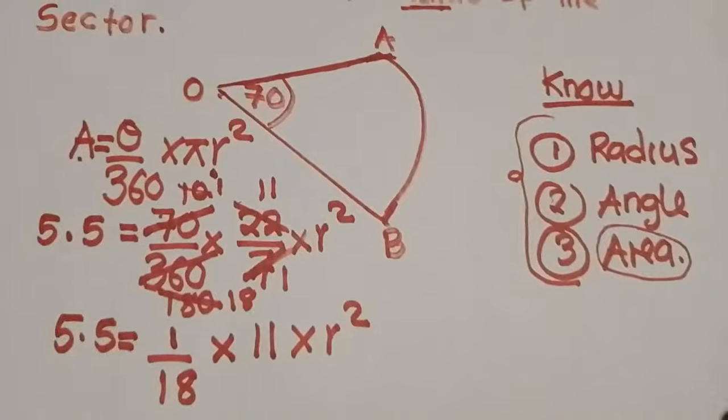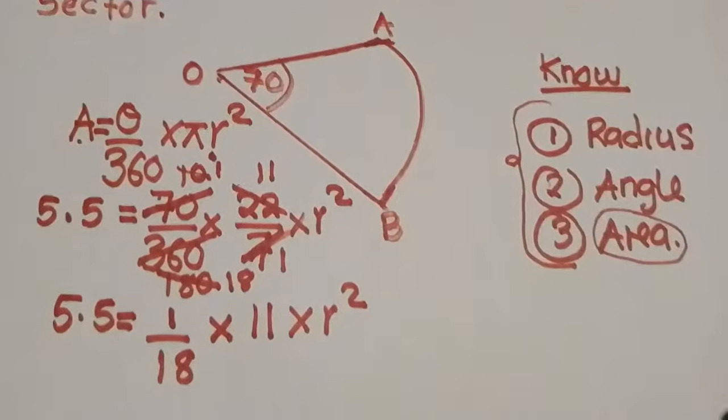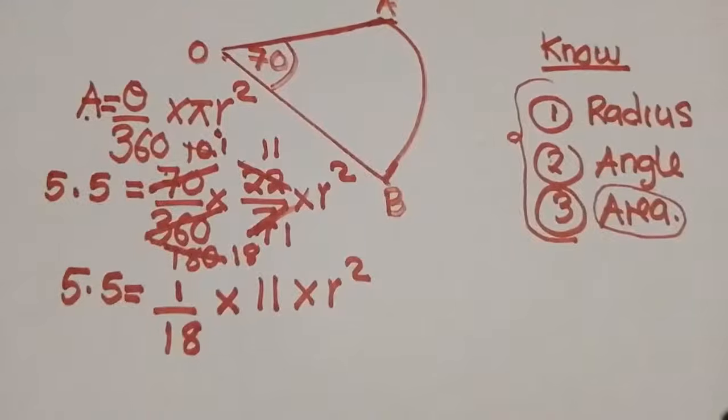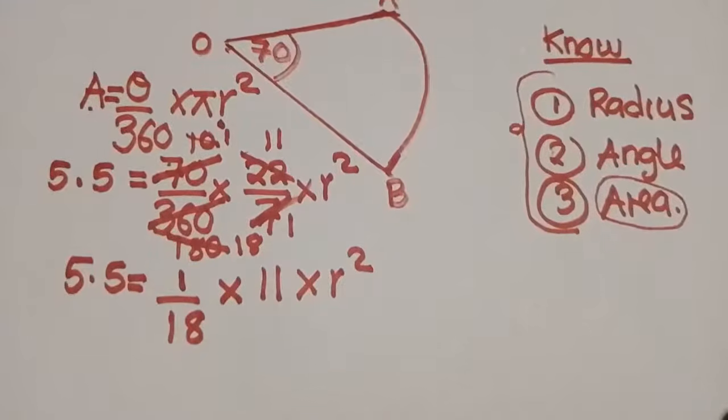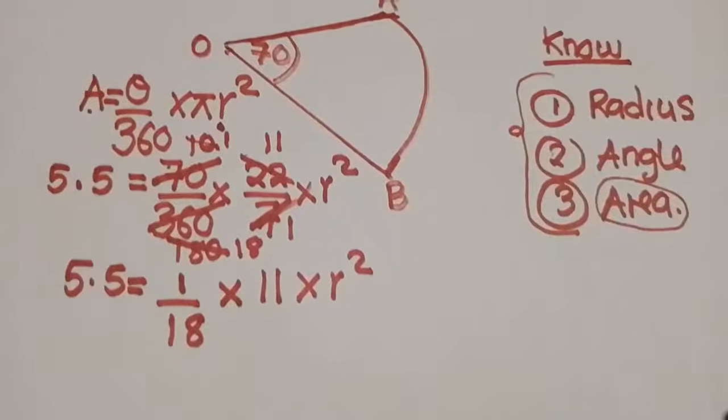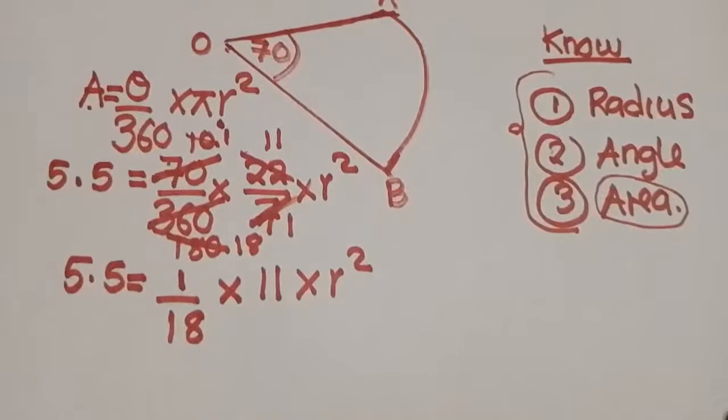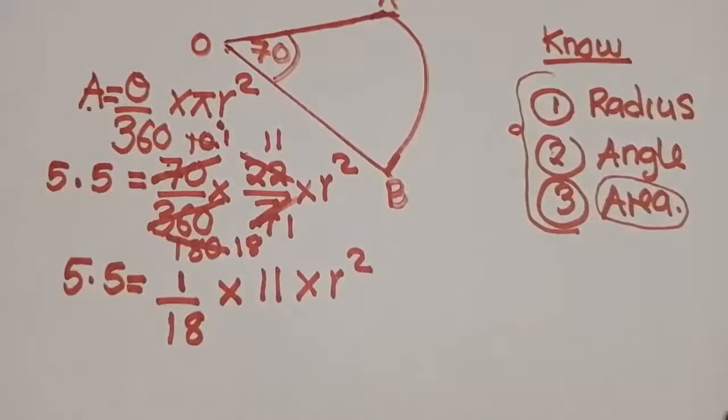Then I calculate. So how am I going to calculate this? We follow this. You are going to multiply 5.5 times 18. When you multiply 5.5 times 18, what are you getting?